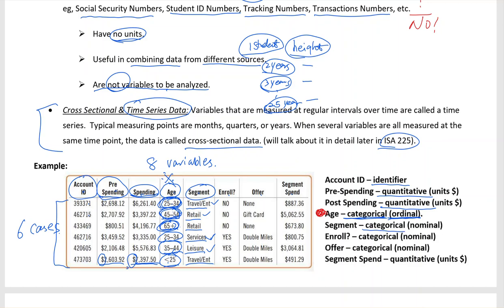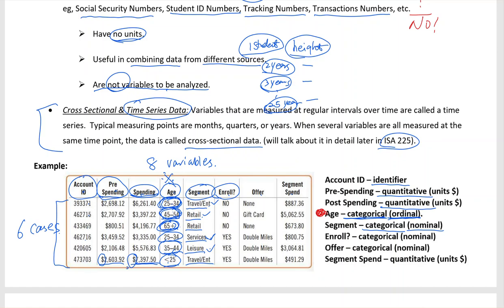And further, we need to decide whether it is ordinal or nominal. Can these categories be ordered? Is there anything else related to these categories? Of course not, right? So it will be a nominal variable. Got the idea? Next, enroll or not.